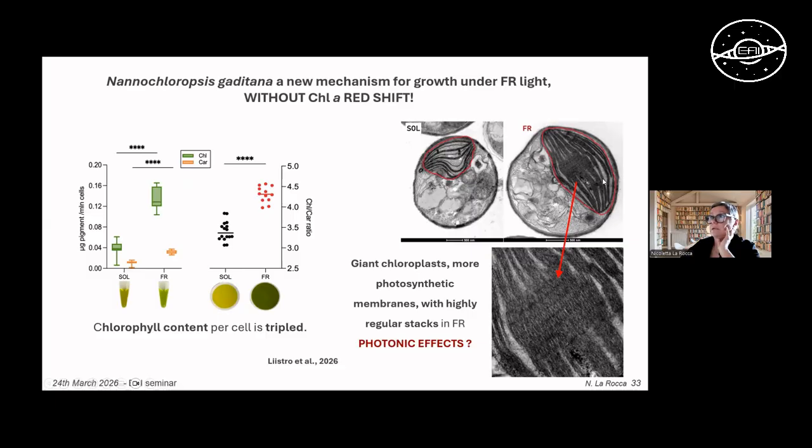So again, giant chloroplasts with very well-organized membranes, a huge amount of membranes, and we speculated that this could have a photonic effect similar to that we observe in plants living in understory environments.